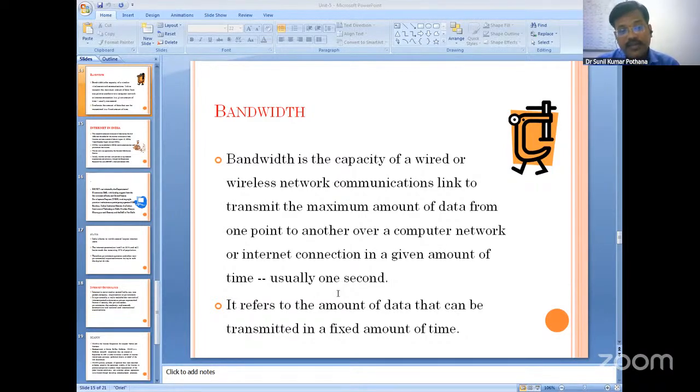Another important topic is search and retrieval. What is search? We have already discussed search engines. Now retrieval: the web is a system of interlinked hypertext documents which are accessed through the internet.